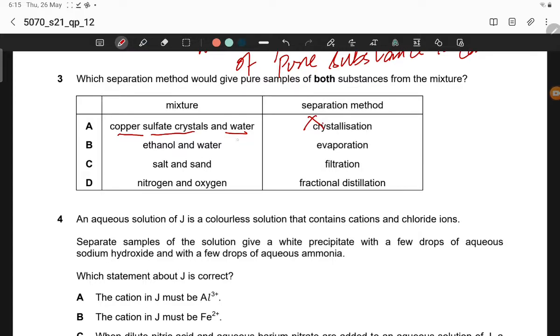Ethanol and water. So ethanol and water are miscible liquids, and fractional distillation can be used. Salt and sand.